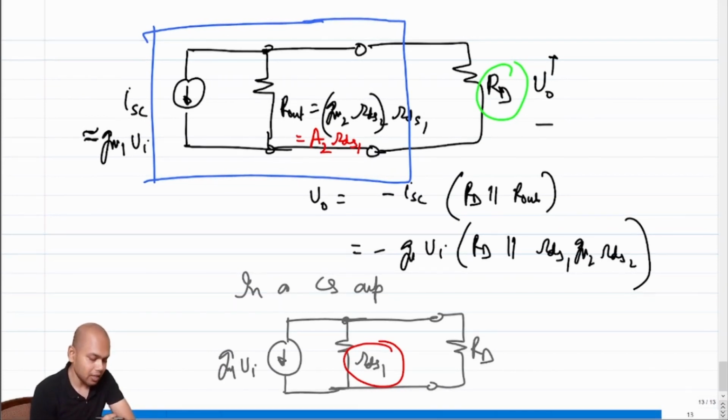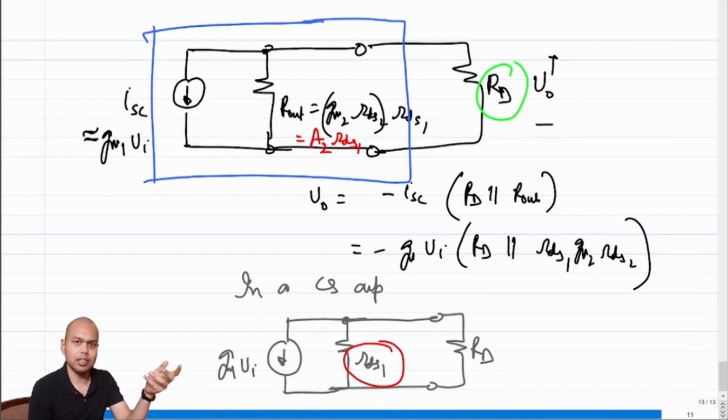So in a nutshell, what did we see in today's lecture? There is a non-ideality in our transistor which we haven't been considering until now, and that is the output impedance of the transistor. We have been considering that y22 is 0, but it is not. There is some finite non-zero y22, which means the output impedance is not infinite.